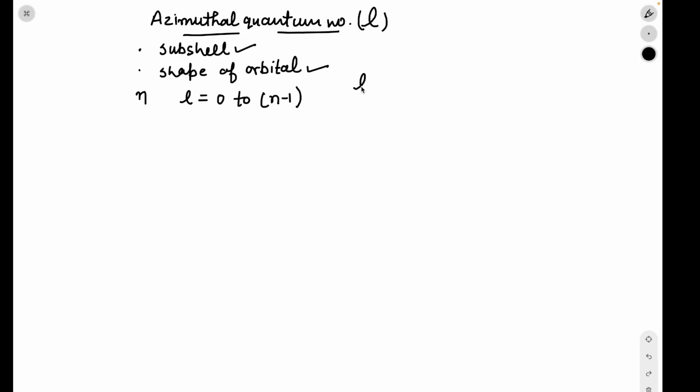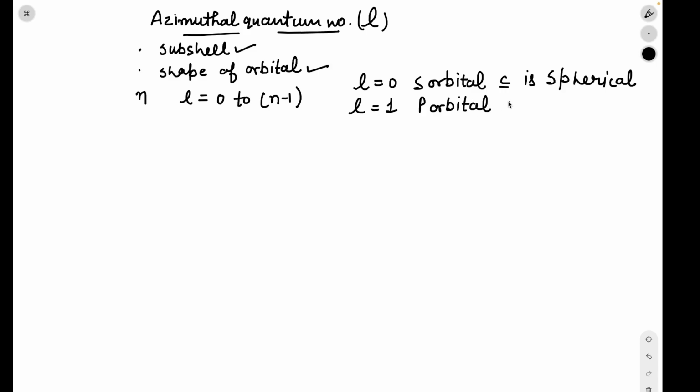Like for L is equal to 0, that means s orbital, which is spherical in shape. For L is equal to 1, that means p orbital, which is dumbbell shape.